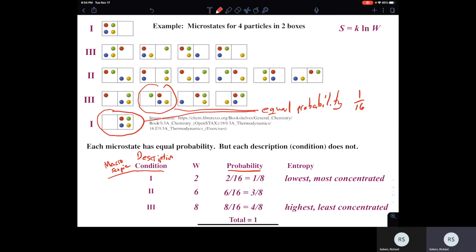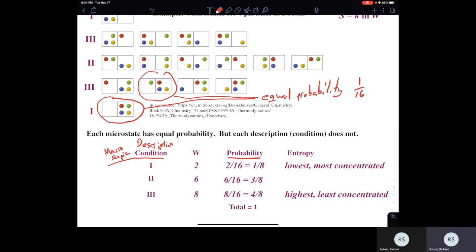Whereas the other 2 conditions, 2 and 3, have probabilities of 3 out of 8 and 4 out of 8 respectively. Now you'll notice if you add those up, they add up to 1. All of the probabilities for the different existing descriptions must add up to 1.